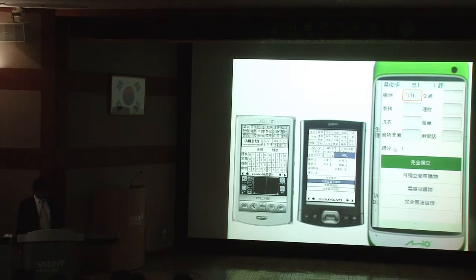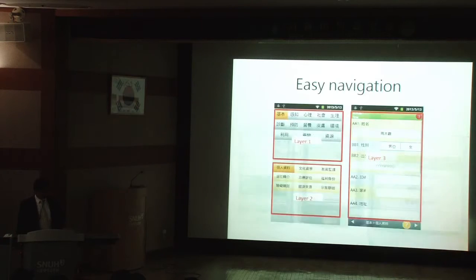Okay, look at this. Let's point out the difference here. We have the first layer, so the users can easily switch to other different categories of questionnaires. This is the secondary questions. Then two clicks to the third working page. So that will be the page for data entry.